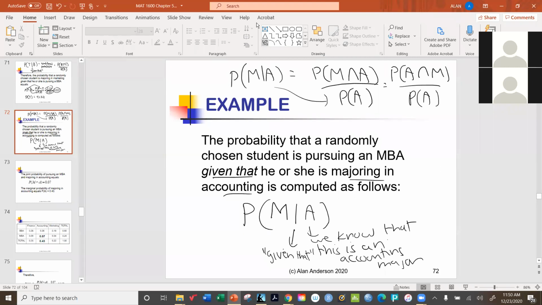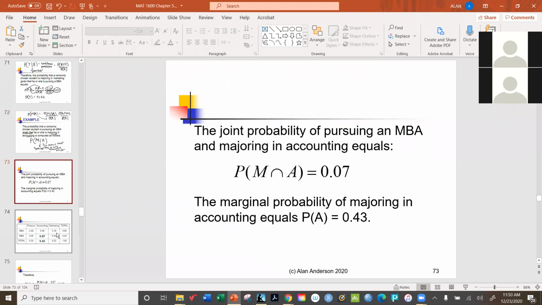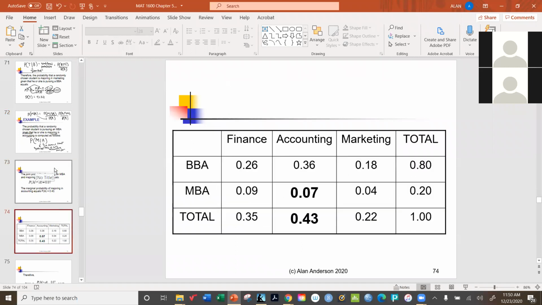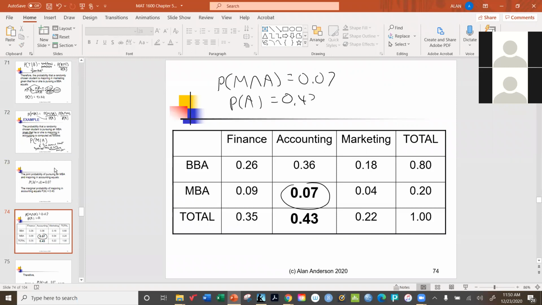Well, what are these numbers on our chart? Well, here's M. Sorry, this is M and A. And here's the probability of A down here. So this ratio would therefore be 0.07 over 0.43, which is approximately 16.3%.